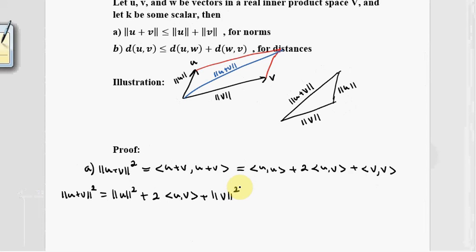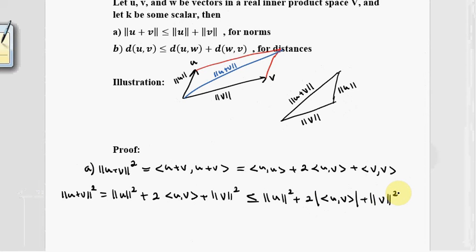Are you with me so far? Okay. Now, this is less than or equal to the norm of u squared plus 2 times the absolute value of the inner product of u and v, plus the norm of v squared.